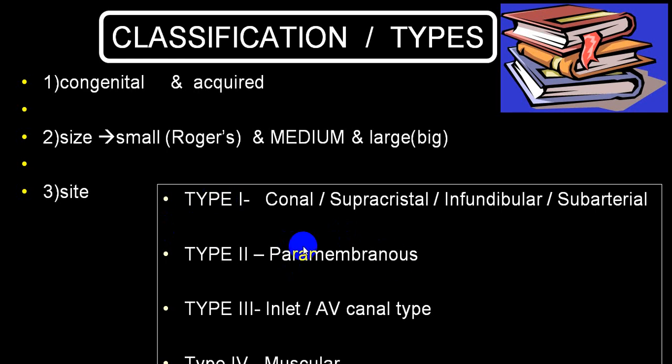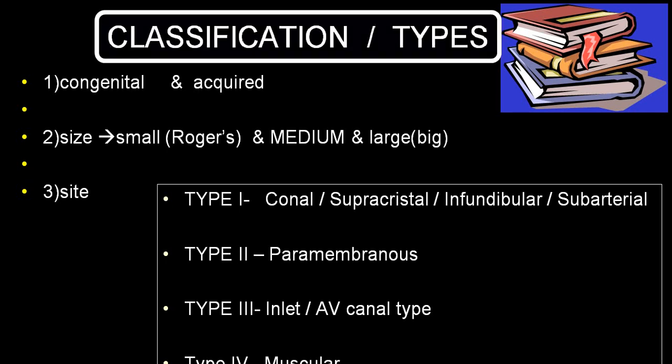Type 2 variety is membranous or paramembranous. Type 3 is inlet or what we call AV canal defects. And type 4 is the muscular variety. So these are the 4 groups, depending upon the site. Depending upon the size, small, Roger's, medium and large size. And according to etiology, congenital and acquired.